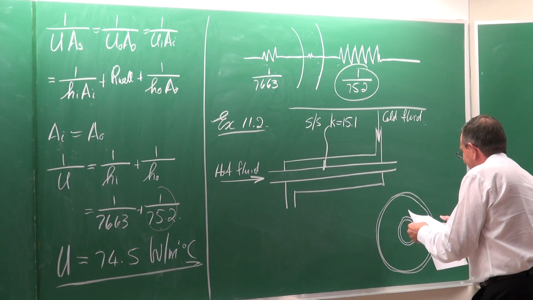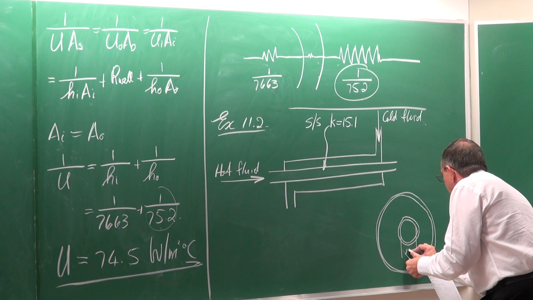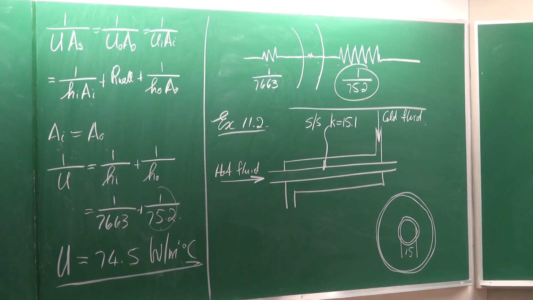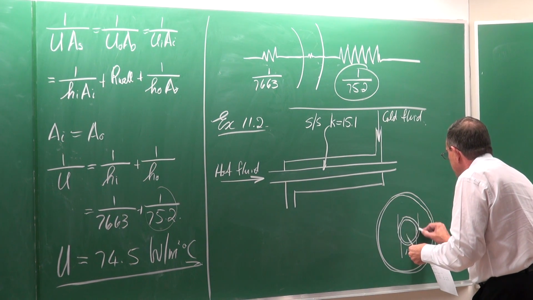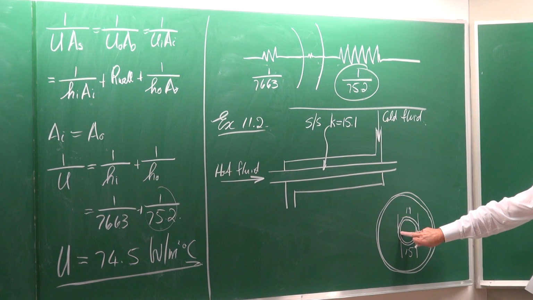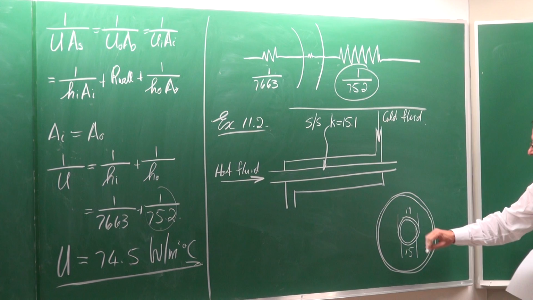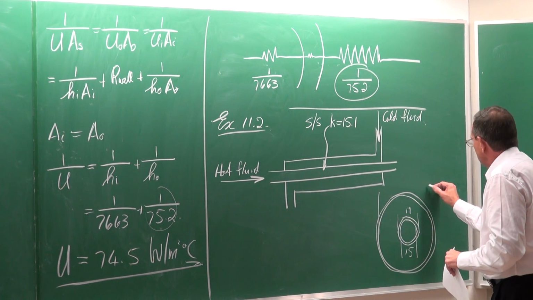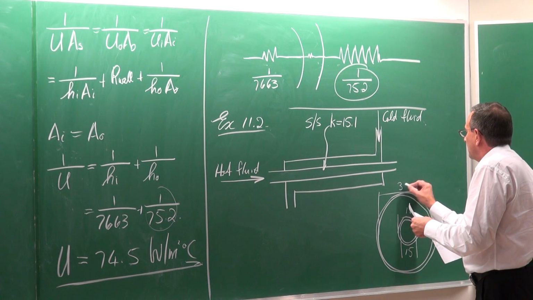This inside tube is 15 millimeters. The outside diameter is 19 millimeters. So 15 for the inner tube, the inner tube outer diameter is 19, and the diameter of the annulus is equal to 32.